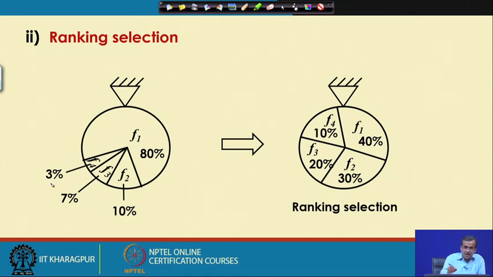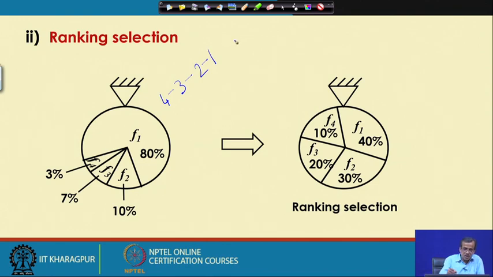Now, in ascending order, if I sort these GA strings, F4 is the lowest fitness. So, the fourth solution will come first, then the next is F3, then next is 2, after that the first one will come. This is the sorting in terms of the fitness.